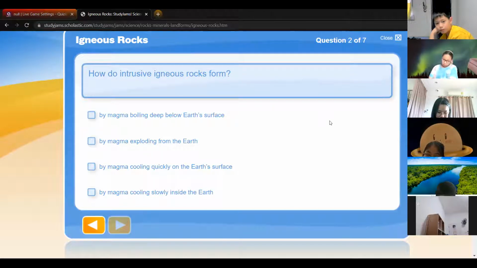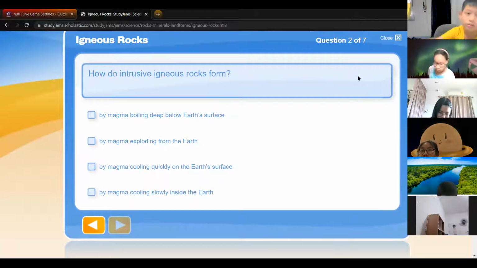Purichaya, number 5. Purichaya, what is your answer here? How do intrusive igneous rocks form? Purichaya, go ahead. Wait, why are you not answering?